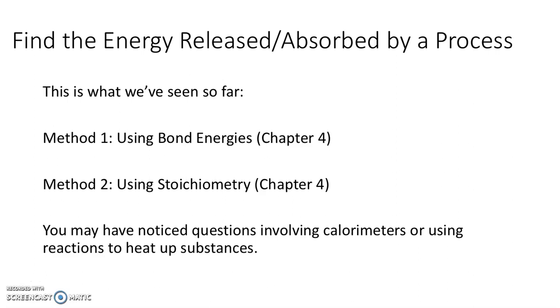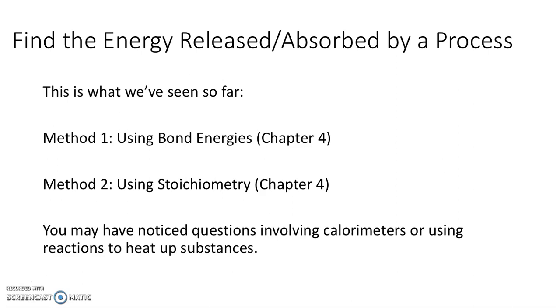That was method 1 in chapter 4. Method 2 was, if you were given the reaction and the enthalpy change of the reaction, you could use your ratios or stoichiometry to figure out how much energy was released or absorbed. These two are your tools so far for your end term test to figure out how much energy was released or absorbed by a reaction.